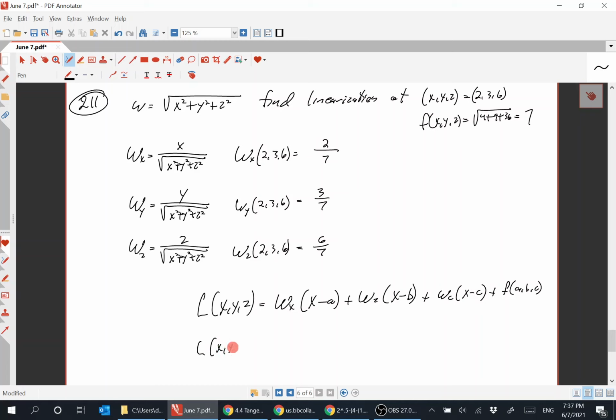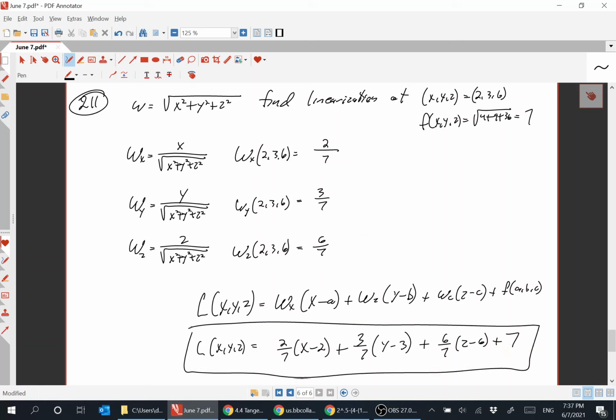So the linearization is 2/7 times (x minus 2) plus 3/7 times (y minus 3) plus 6/7 times (z minus 6) plus 7.